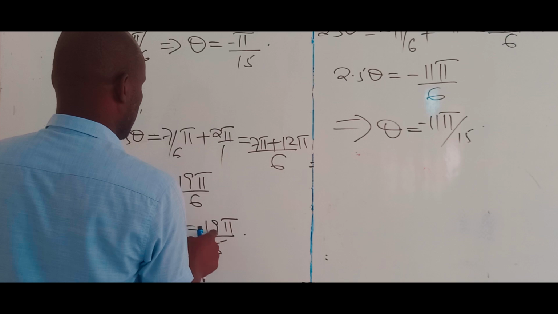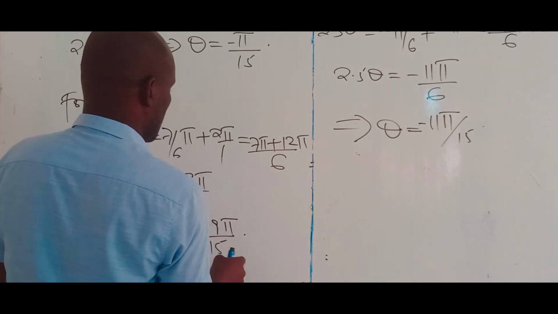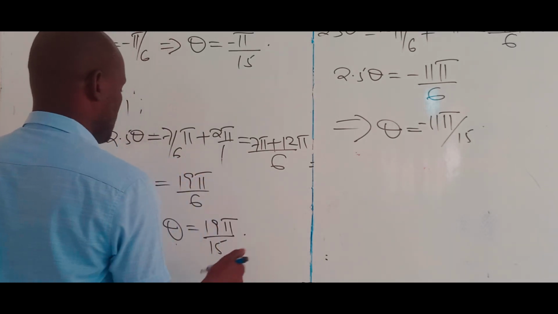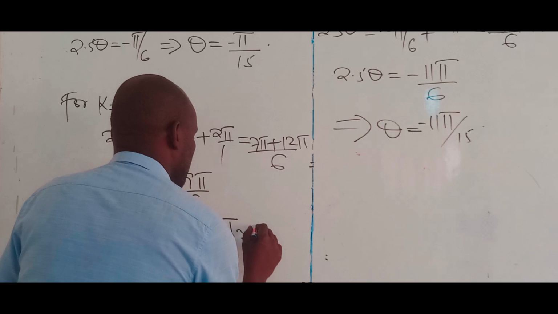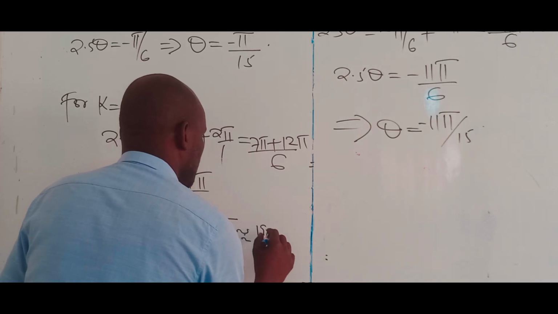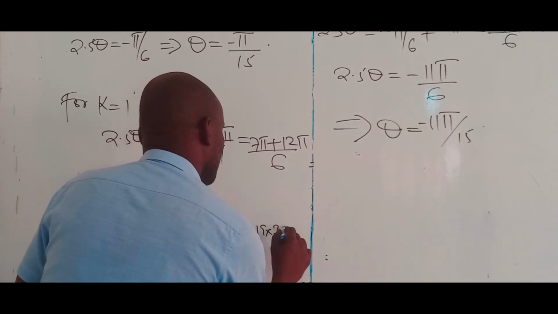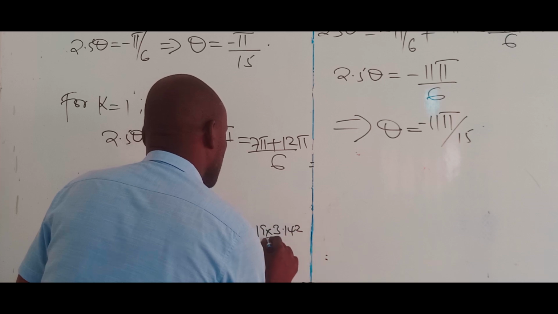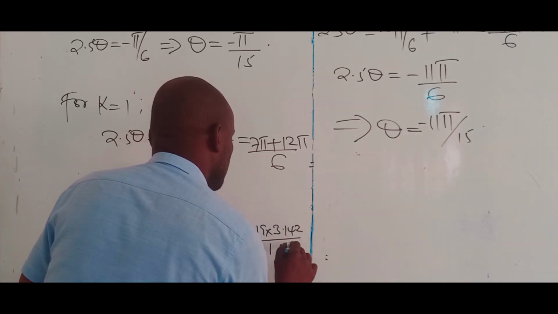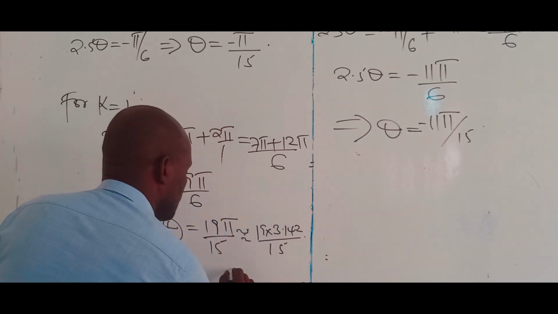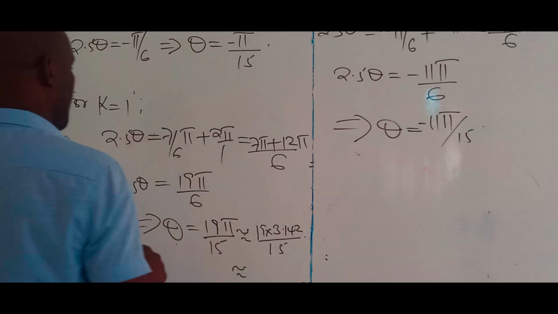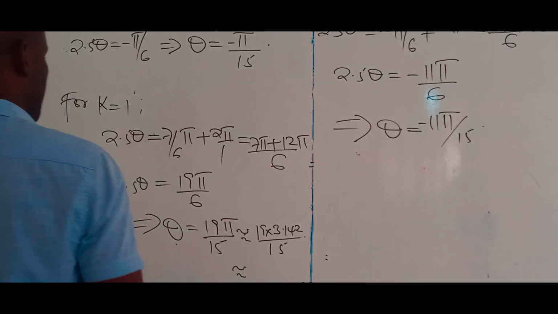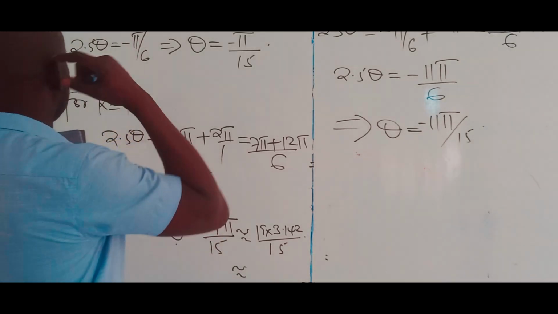Theta then becomes 19 times pi, where pi is 3.142, divided by 15. That gives us that value.